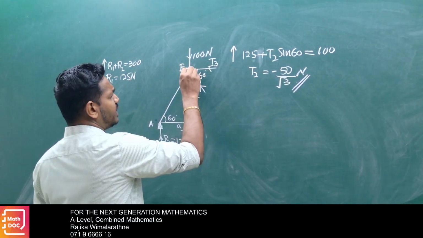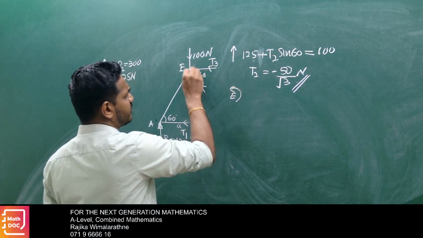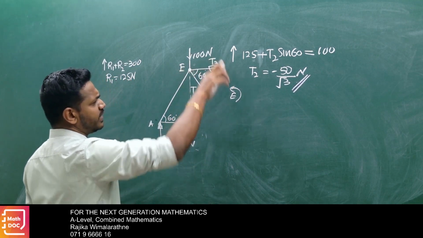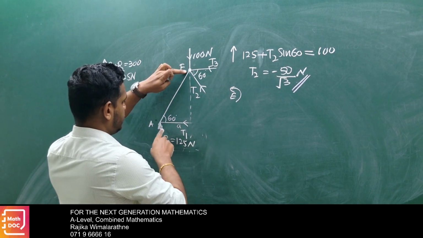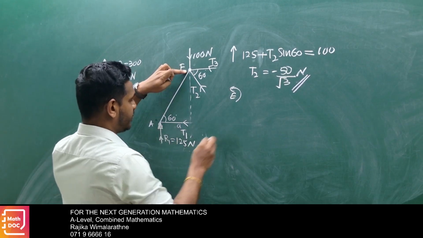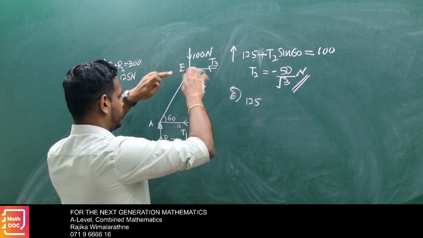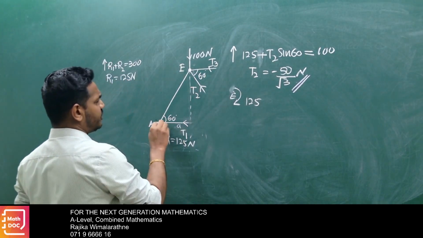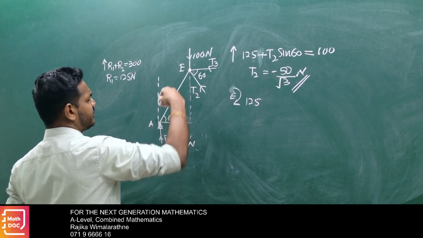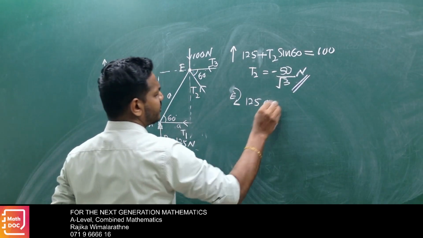Then you take moment about vertex E. If you take moment about E, then we can remove many forces here. Then we have T1 and R1. 125, here all are in opposite direction. 125 into the perpendicular distance A cos 60.